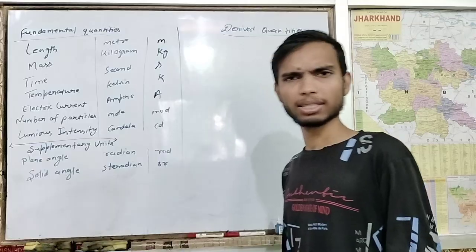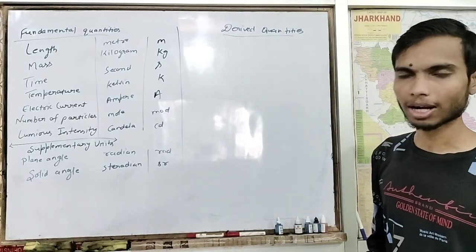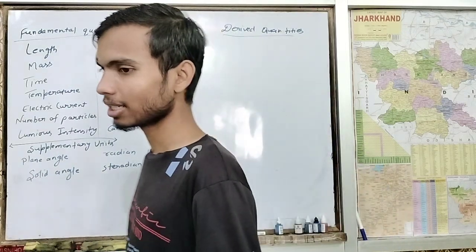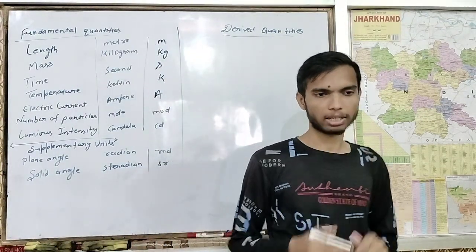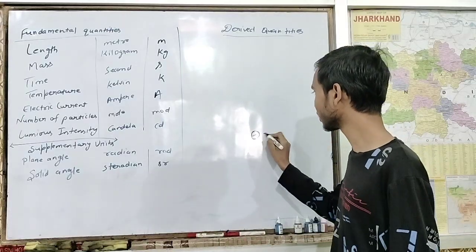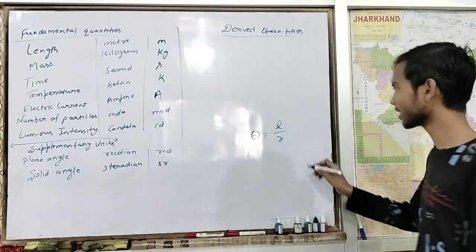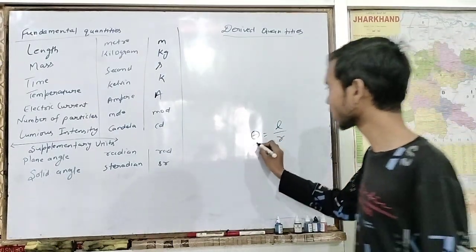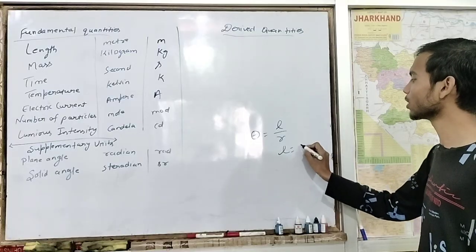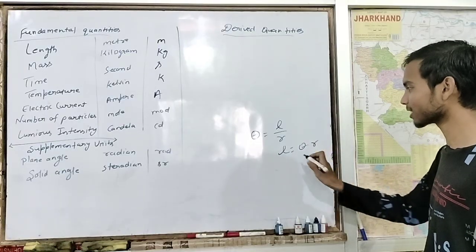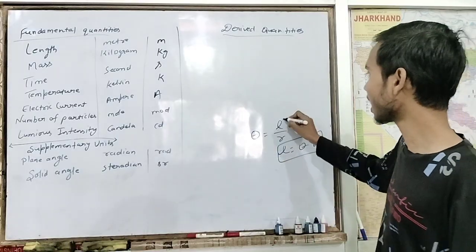For plane angle, you know that theta is L upon R, where L is the arc and R is the radius. To get theta, you use L upon R, and to get L, you use theta into R.